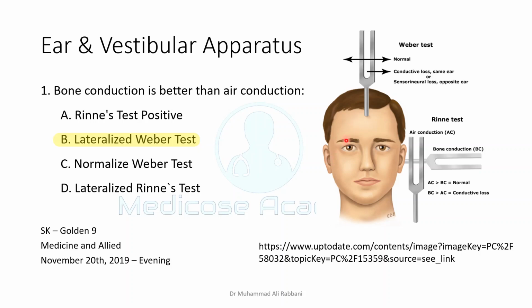Now, this ear will receive the vibrations predominantly from the bony vibrations, and this ear will be hearing vibration from the air conduction. So you will have a lateralized Weber test. You will be hearing more sound in this ear. So it will be a lateralized Weber test. Rinne test, we'll talk about it whenever you can, but not right now.